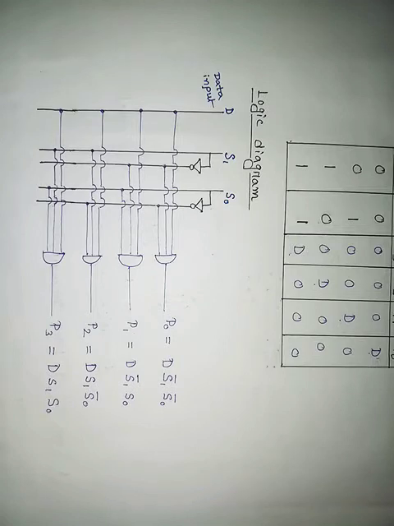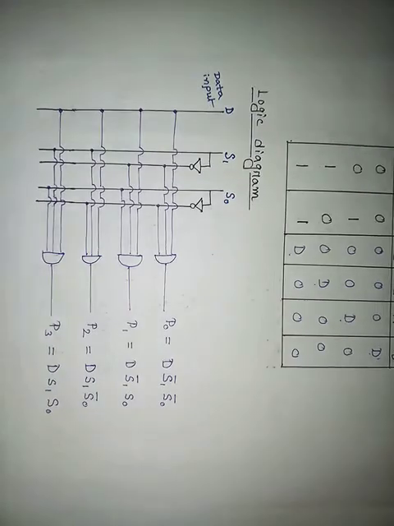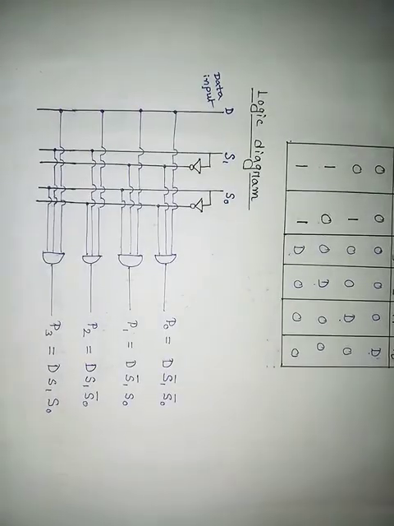We are creating NOT gates for the bar combination, that is, for inverting s1 and s0. Now coming to p0, in the p0 part our data is common, so we are taking data as a common line. But for p0 the answer is 0, that is 0 0, and 0 0 means bar, so s1 bar s0 bar.